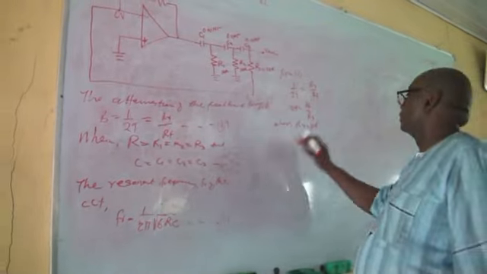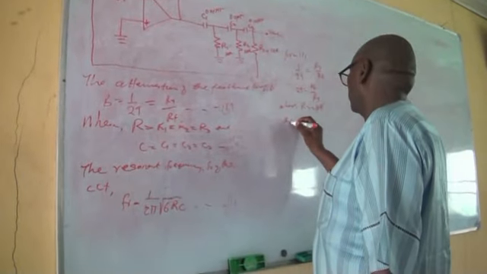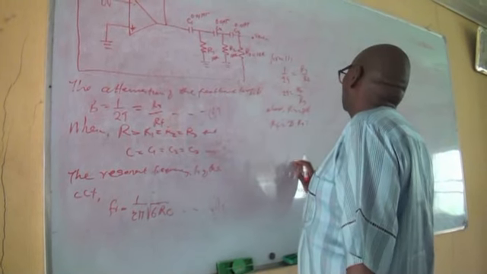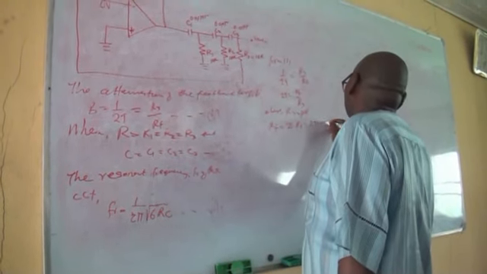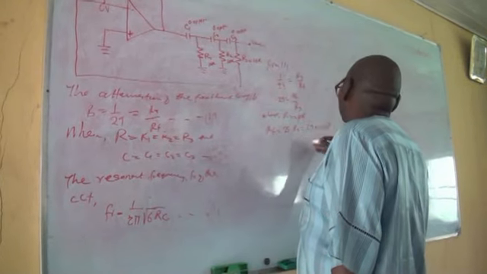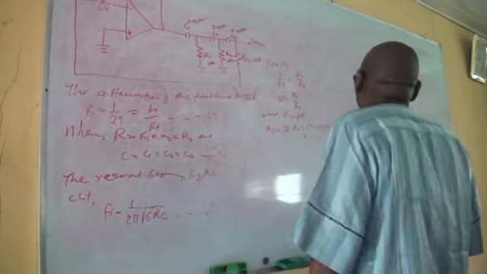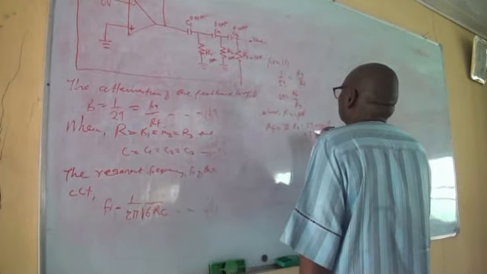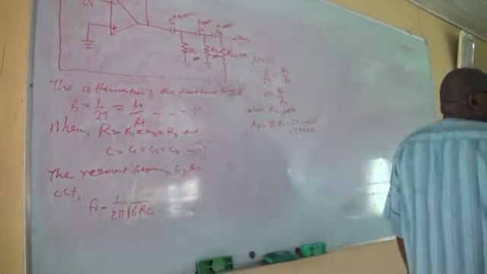So RF equals 29 times R3, which is 29 times 10 times 10 raised to 3, which is 290K ohms. Is it not 290?